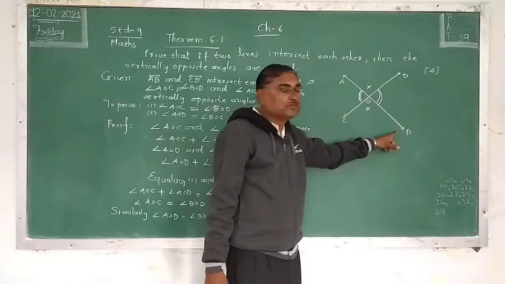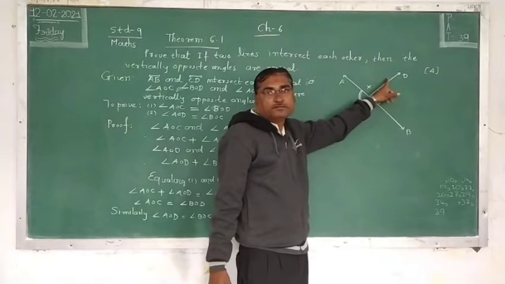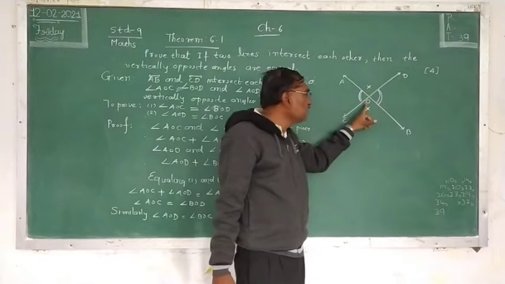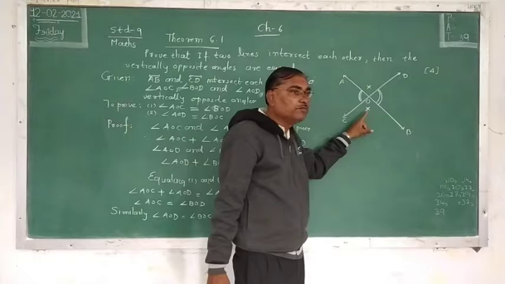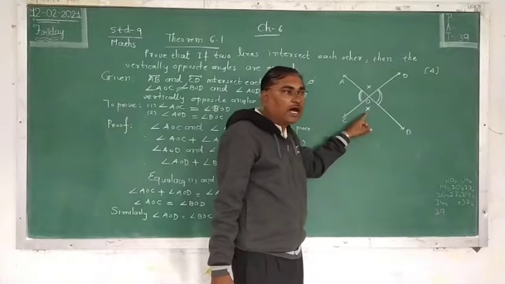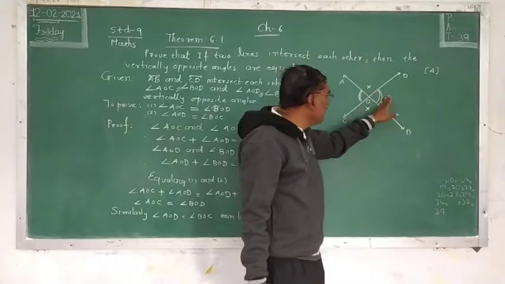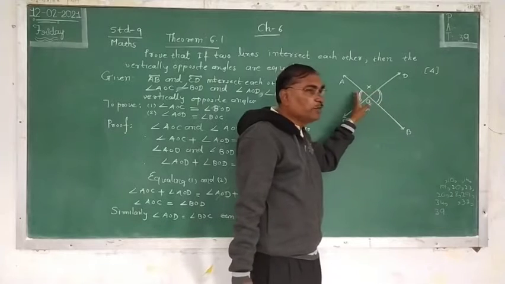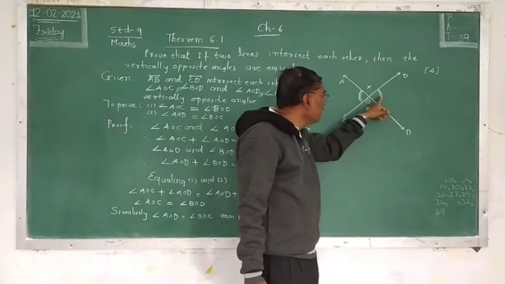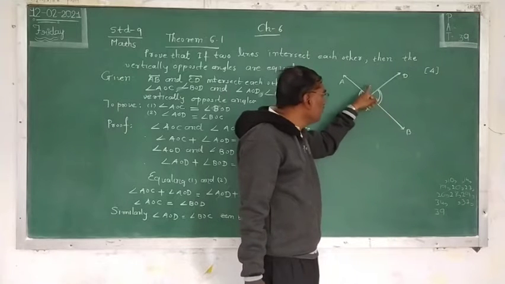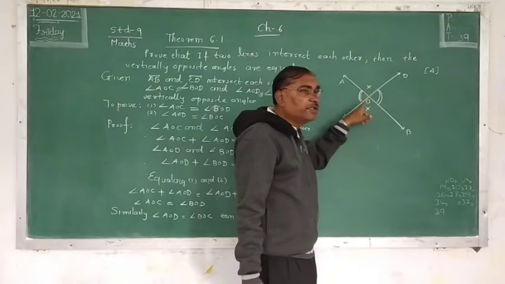Line AB and line CD intersect each other at O such that four angles are made. Out of four, opposite angles means vertically opposite angles. This angle, with the double line mentioned, is vertically opposite. Same thing, the cross-marked angle is also vertically opposite.